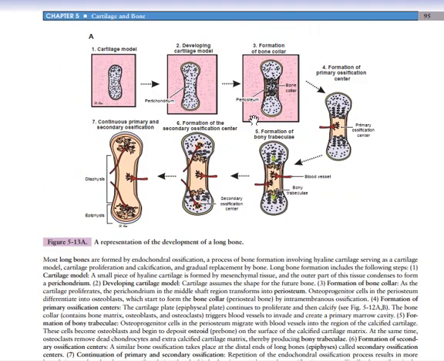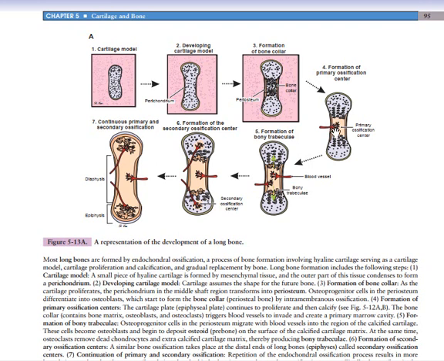Now this is the diagrammatic representation of the development of the long bone. It starts with the cartilaginous model. So we have the cartilage of the fetus, then the development of the cartilage, then you have the bone collar. Since the cells inside here are going to die, you have the bone collar. We have primary ossification when there is blood supply here. The osteoblasts proliferate after the blood supply, and then they start producing the osteoid.